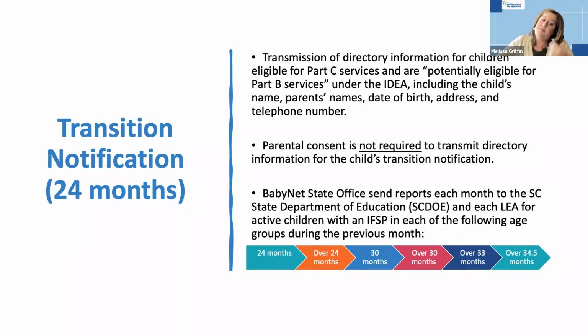So in order to keep those kiddos from falling through the cracks, that report is sent at regular intervals. So they'll send that at 24 months, over 24 months, 30 months, over 30 months, 33 months, and 34.5 months.